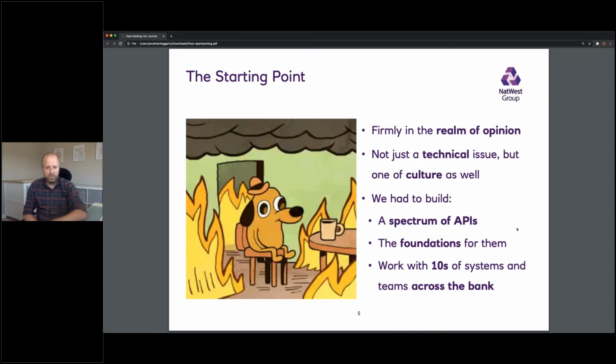So we touched on some of these points as we talked about some of the things that we look for inside an organisation. When we started to look at the more complex APIs, we realised that we were firmly in the realm of opinion, which is an okay place to be in some scenarios when you have the time and mental thinking space to debate and figure out how to move a wide spectrum of views into clarity.